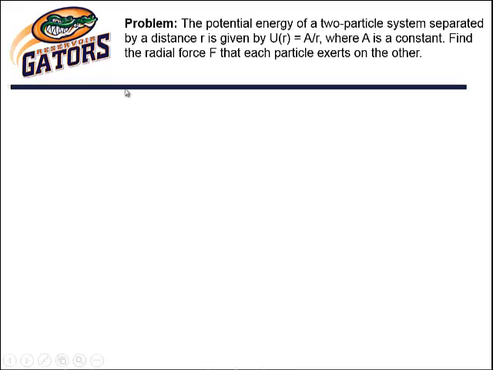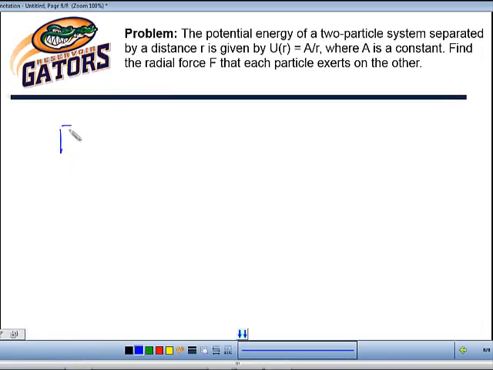Okay, so force is equal to negative du dr. Well, if u of r is A over r, the force is equal to the negative of the derivative of A over r. Well, 1 over r is the same thing as r to the minus 1.